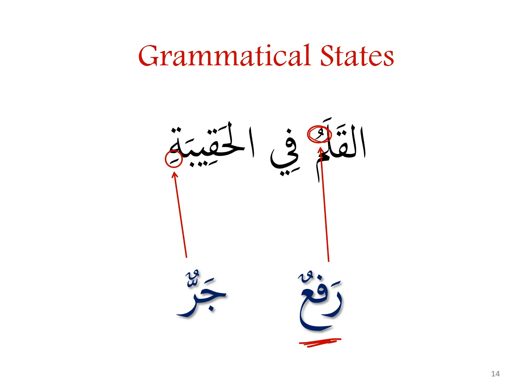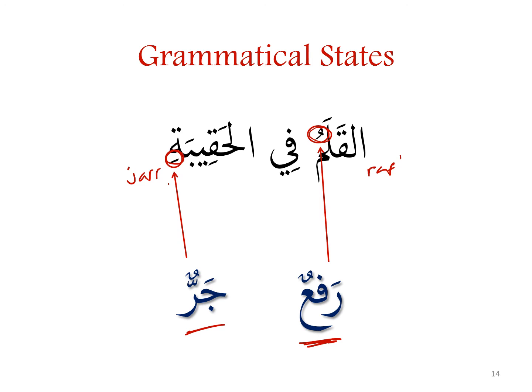Another state that words can take is jar. And a singular noun will generally reflect that state with a kasra. So al-qalamu is raf', al-haqibati is jar.